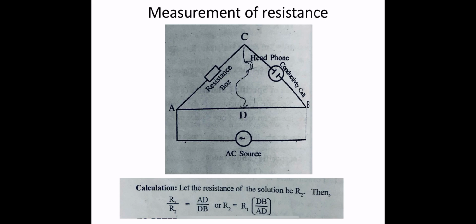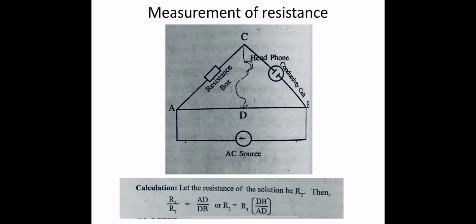A source of alternating current is connected to ends A, B of the bridge. The variable resistance box is introduced into the gap between A and C of the bridge. The conductivity cell is immersed between B and C. The C is connected to the sliding contact through a headphone. This is how the connections are made.